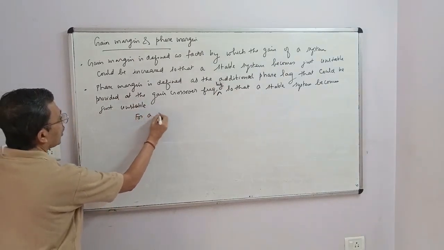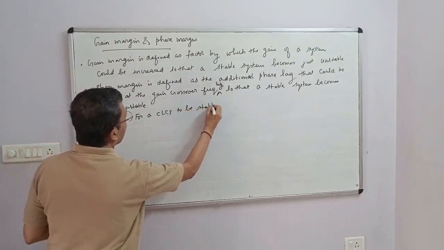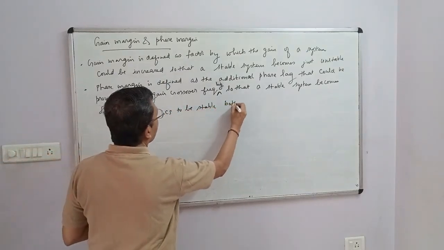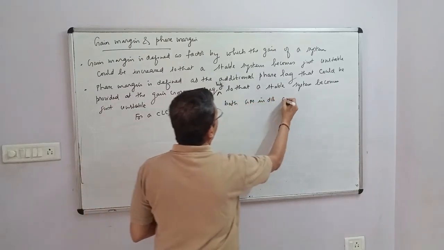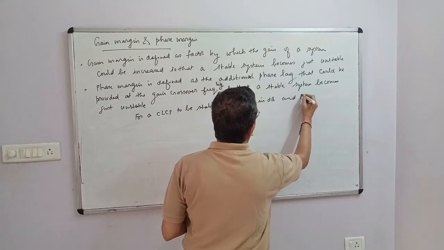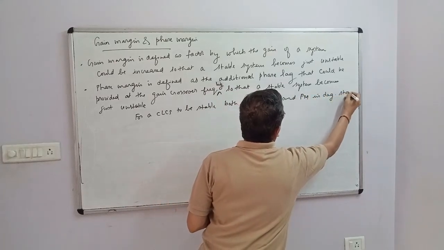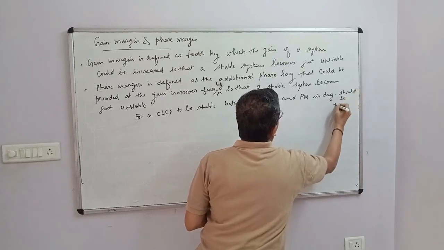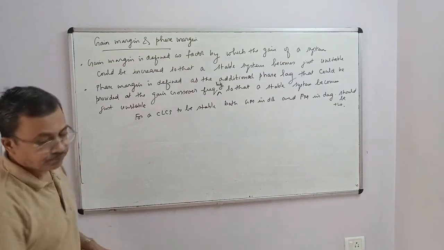For a closed loop control system to be stable, both Gm in decibels and Pm in degrees should be positive. Now I will show how they are calculated.